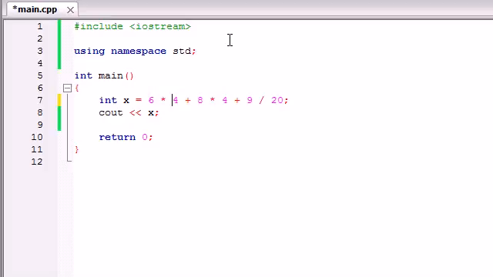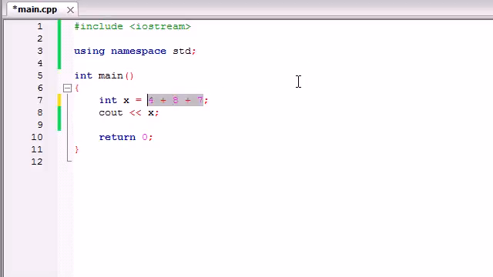It does all the multiplication and division first, and then it's going to do your addition and subtraction. If you just have like 4 plus 8 plus 7, you're saying, alright, is it going to do 8 plus 7 first or 4 plus 8 first? It really doesn't matter. It comes out the same either way.